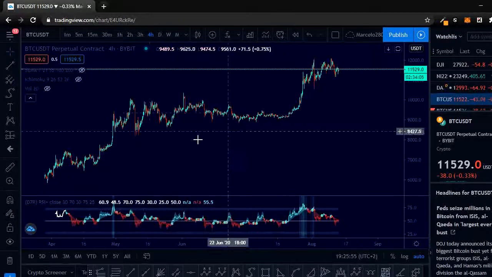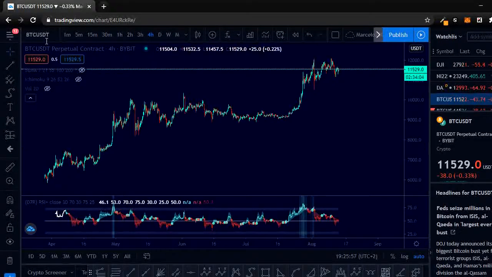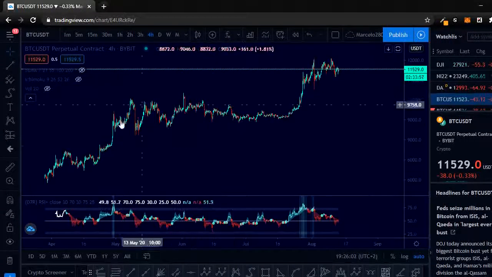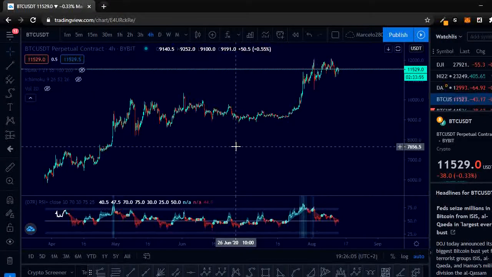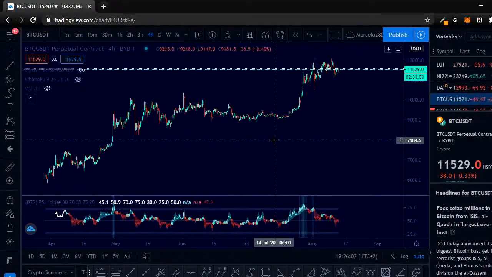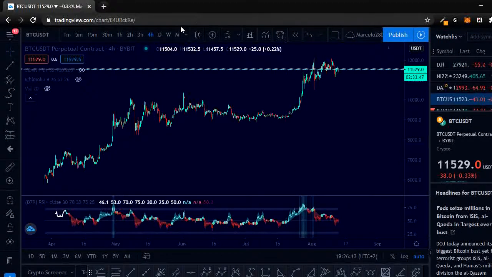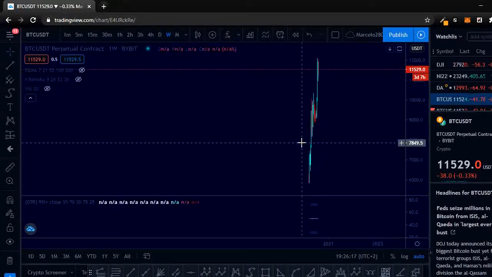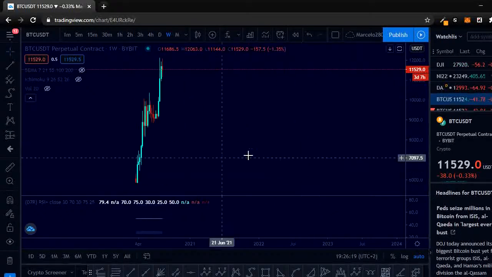So usually we just get any Bitcoin. Yeah, let's do Bitcoin. We'll get a Bitcoin chart, and this one is an empty one. What I usually do when I start and look at a chart, say it's my first time looking at that chart, I'll look into the weekly, and that should give me an idea of the general trend of that chart.